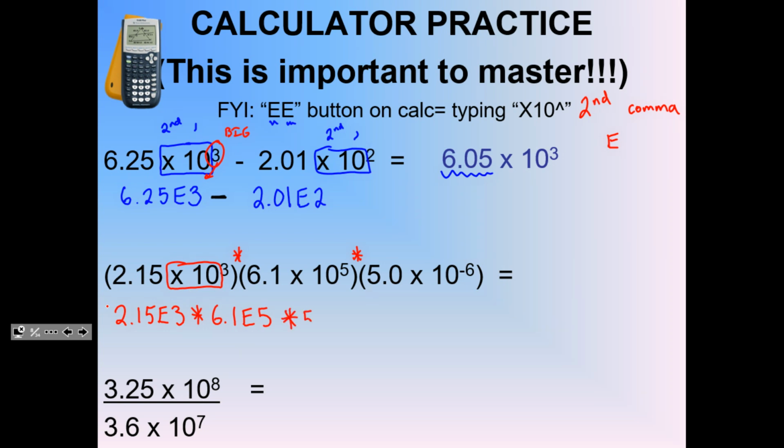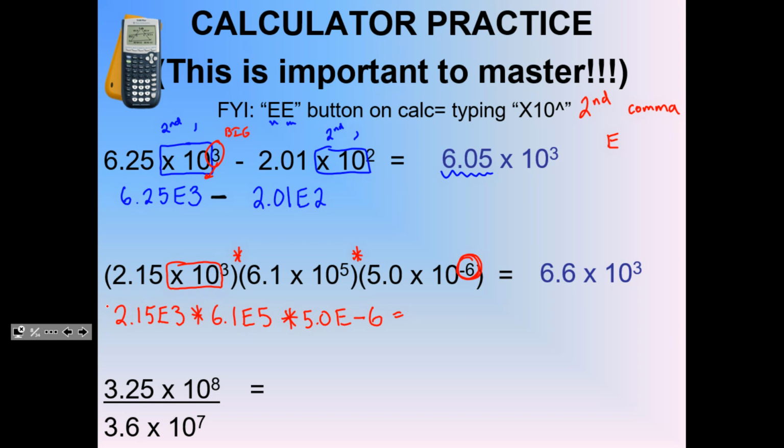Multiplication, 5.0 E. Now, you'll see a negative 6 here. That's okay. Just plug in minus 6. The answer that you should get, and you should be checking yourself here with calculators, that's what we do in class, 6.6 times 10 to the third.